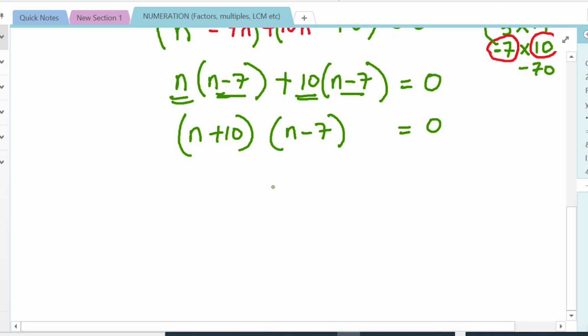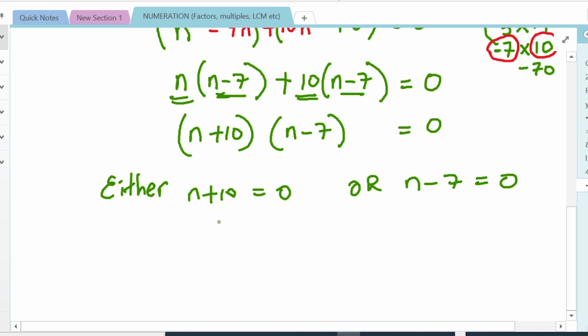Alright, so that becomes either n plus 10 is equal to 0 or n minus 7 is equal to 0. So here the value of n is negative 10, here the value of n is 7.